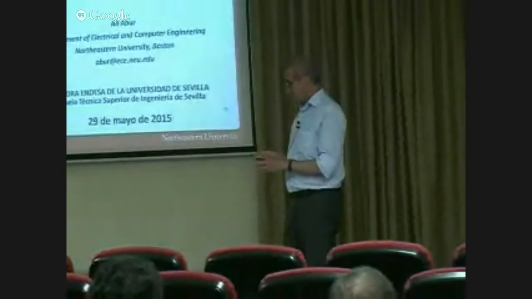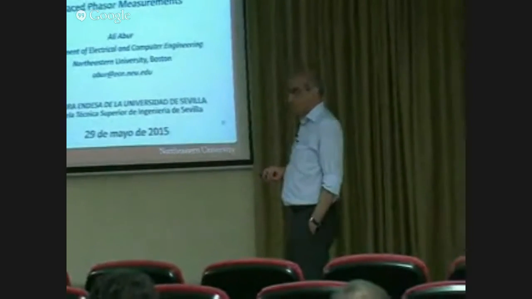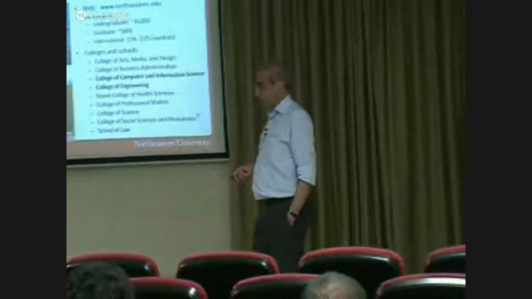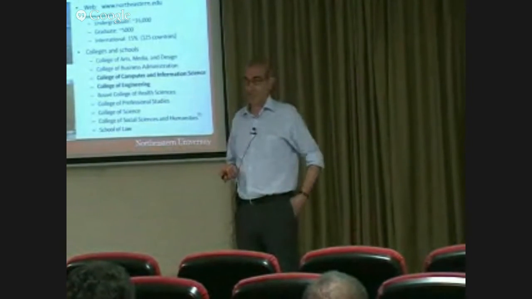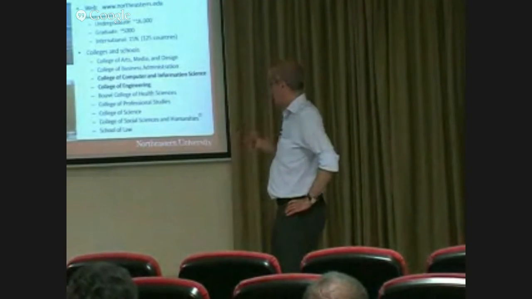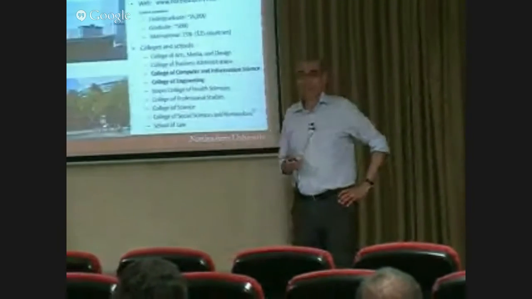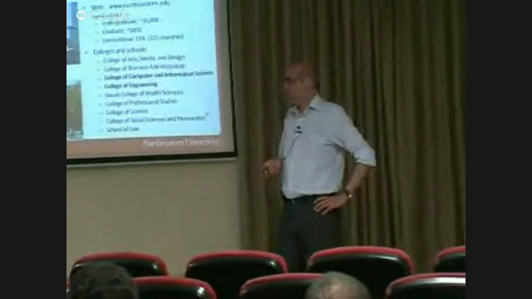Again, we went over this yesterday, but for those of you who were not here, just some greetings from Northeastern. In case you don't know where it is, as you can imagine from the title, it's in the northeastern part of the US, in Boston.